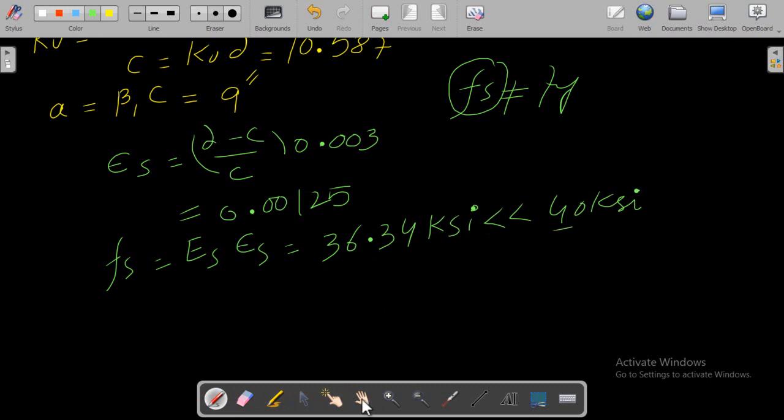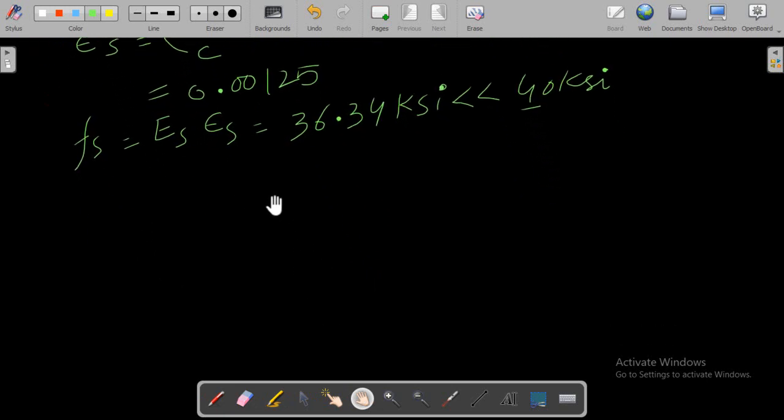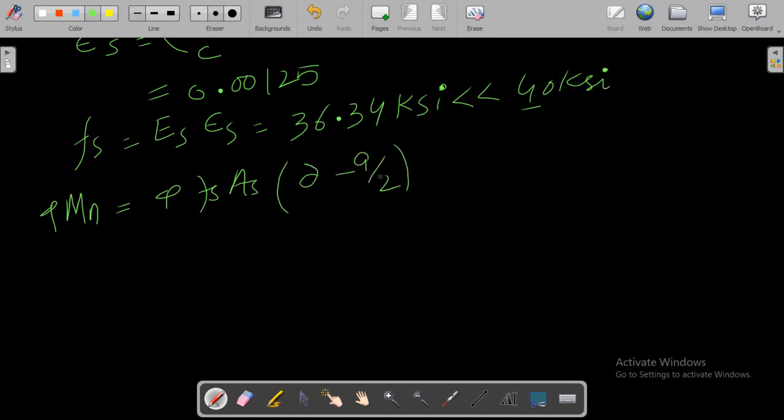So now if you want to find out the value of Mn, you have to use this Fs, not Fy, right? So Mn equals phi times Fs times area of steel times d minus a over 2, right?